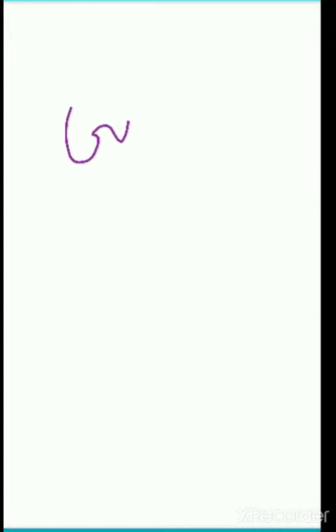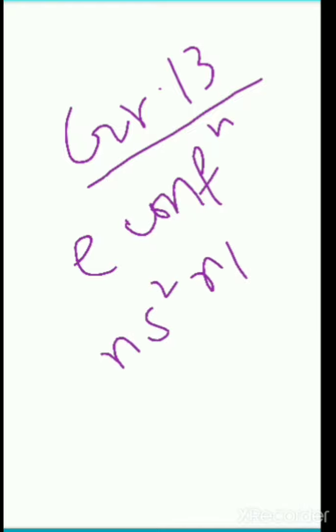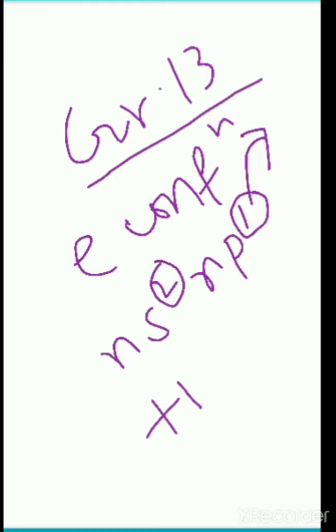Group 13 elements have general electronic configuration ns2 np1. Okay. If we remove this electron, then they get plus 1 oxidation state, and if we remove these 2 also, then they get plus 3 oxidation state.